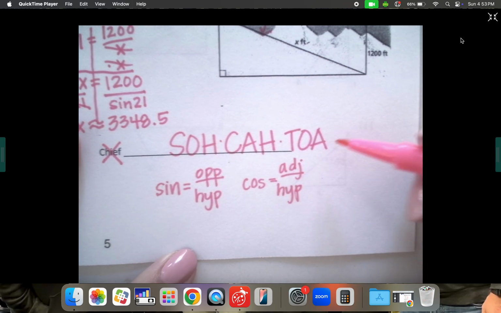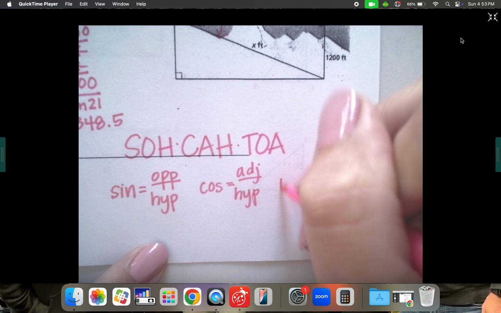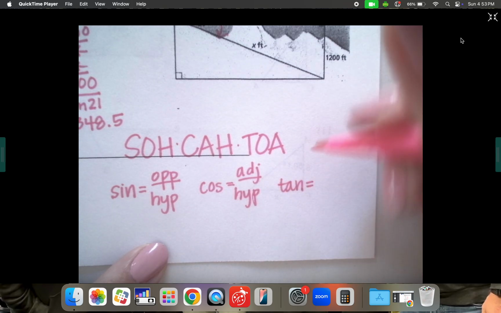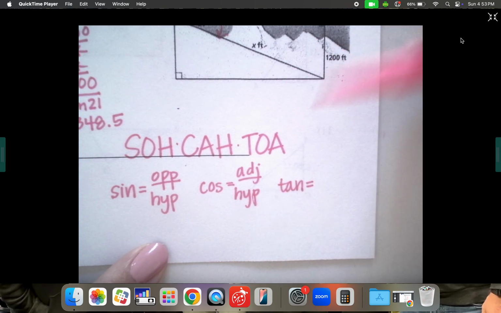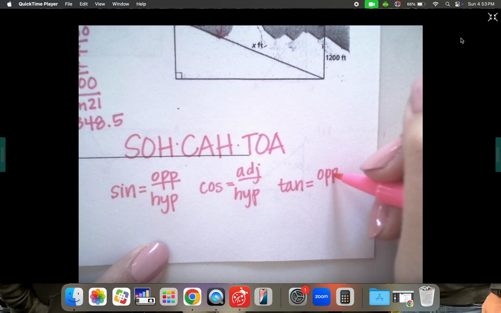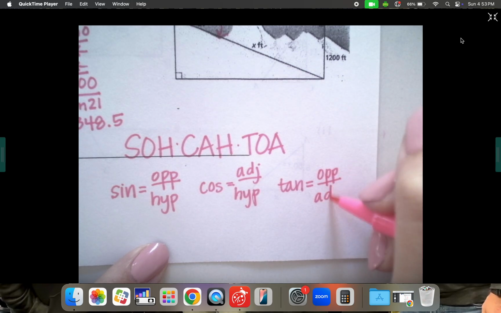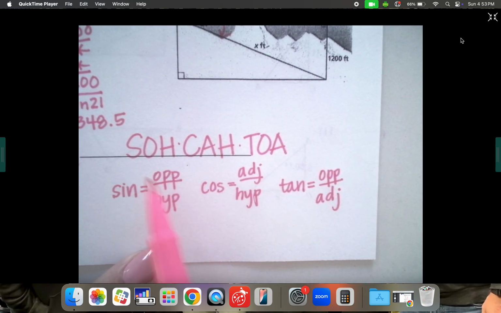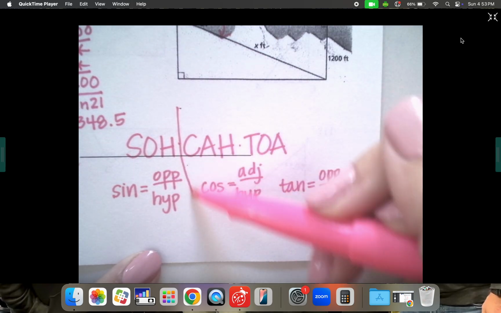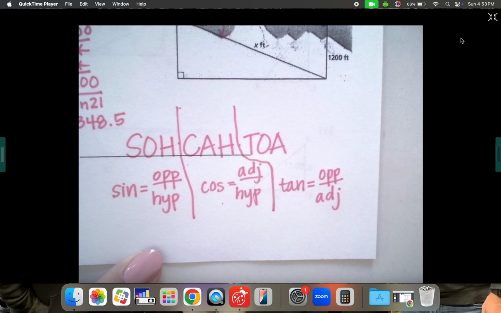And TOA is the one we learned the last time, which was tangent is equal to opposite over adjacent. So anyone who has trouble memorizing, you can remember SOHCAHTOA, and that is how to remember the trig ratios.